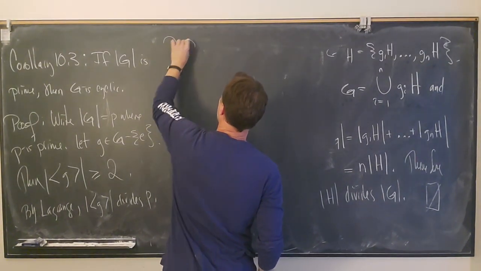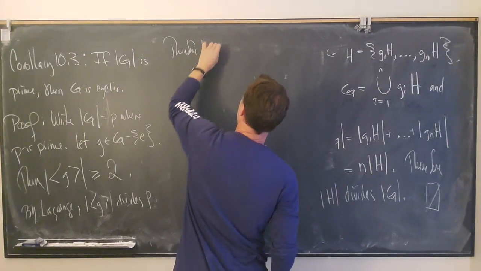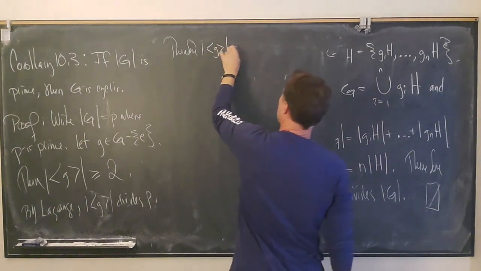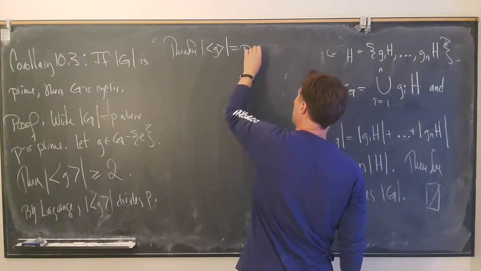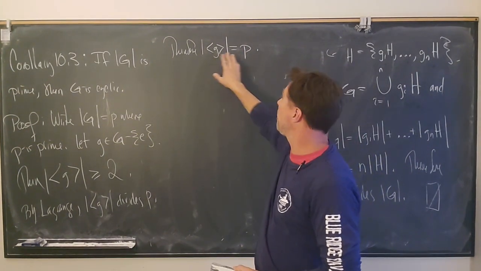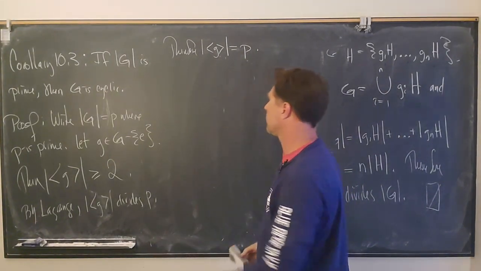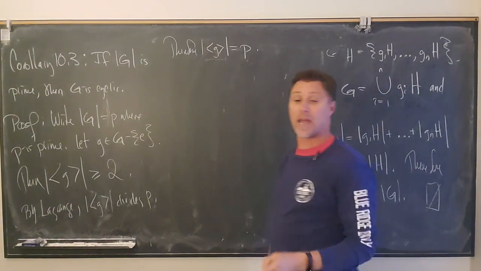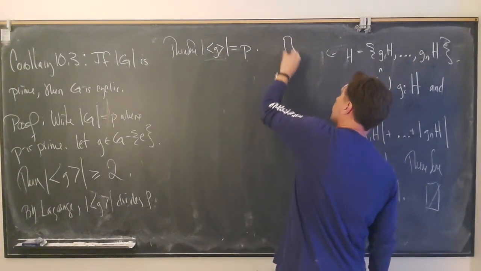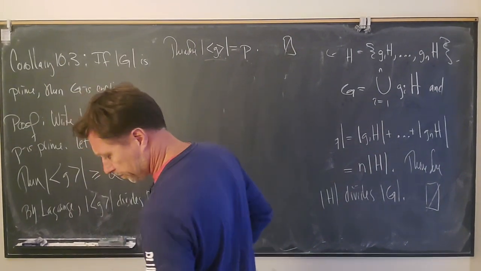So, therefore, the order of the subgroup generated by g is equal to p. And what does that mean then? It means that this cyclic subgroup right here fills out all of G. In other words, little g is a generator for capital G. So that's pretty cool.